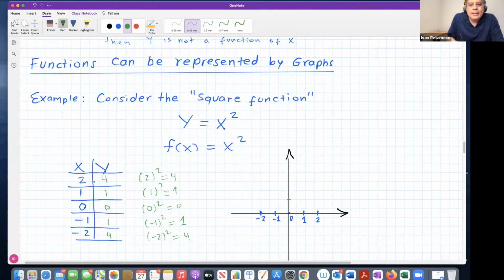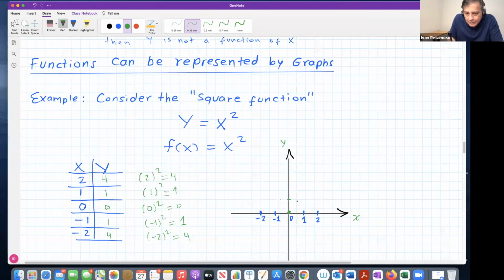If you translate these input values and output values into a graph, for the input values you take your numbers here on the x-axis, and for your output values you take your values here on the y-axis. You pair them up. Notice 0 goes with 0 here. 1 pairs up with 1.